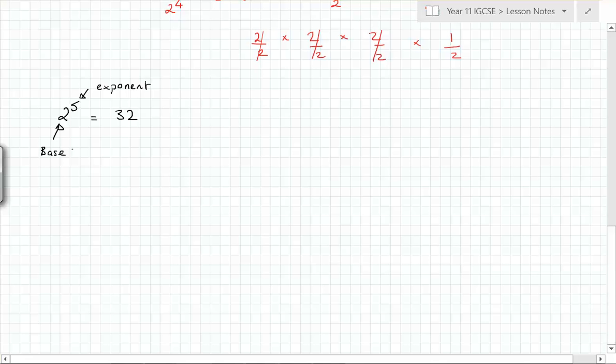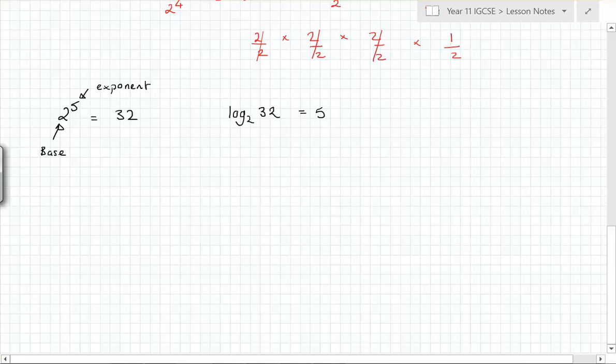Okay. So what we can then say, the way we rearrange this, is we've got to do an inverse, and the inverse to make the exponent the subject of what we're talking about, because that's what we want to find. So we can say that the logarithm to the base 2, okay, log to the base 2 of 32 equals 5.